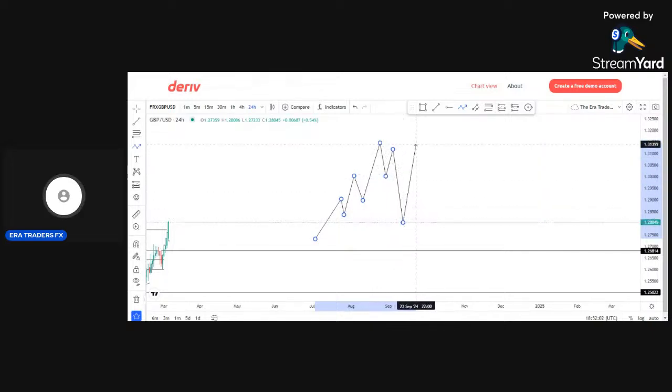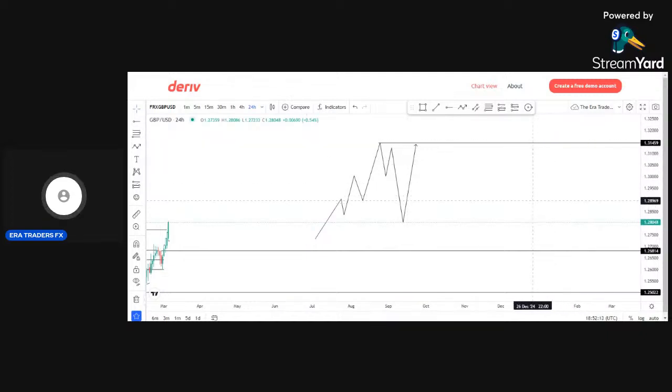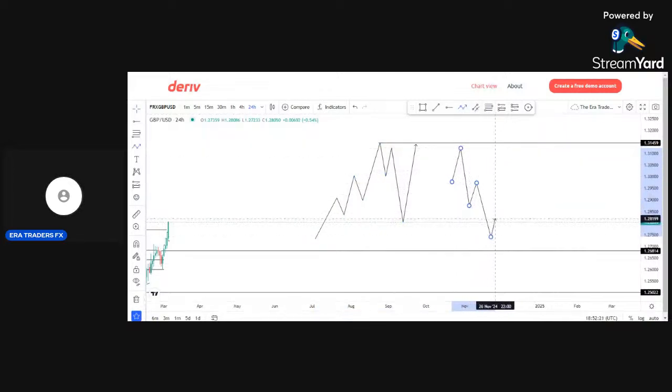So the market will trade into regions like this because they are relatively equal. They are regions of liquidity. Also relatively equal lows. For example, the market will trade into that region because this is the region of liquidity.